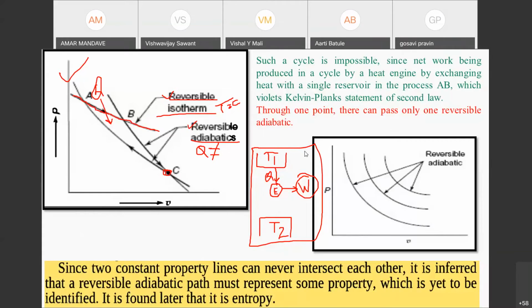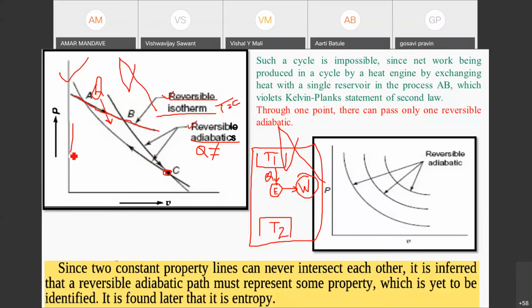If we were able to construct this machine, it would be a violation of the second law of thermodynamics. That's why we cannot construct this type of engine, and this assumption about the cycle is not possible.